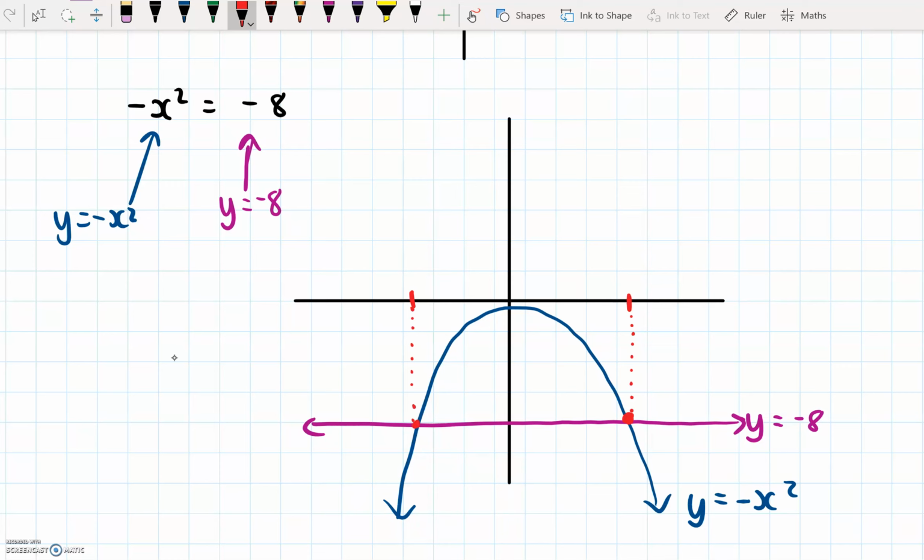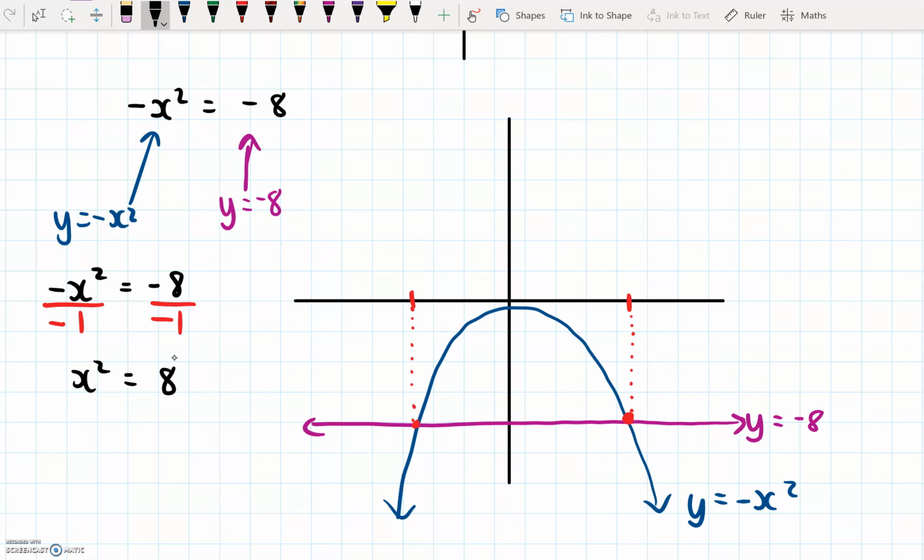So in this case, let's look at that. We have minus x squared equals minus 8. Our first step is to divide both sides by -1, because we want it to be x squared equals something. So minus x squared divided by -1 just gives us x squared equals 8.